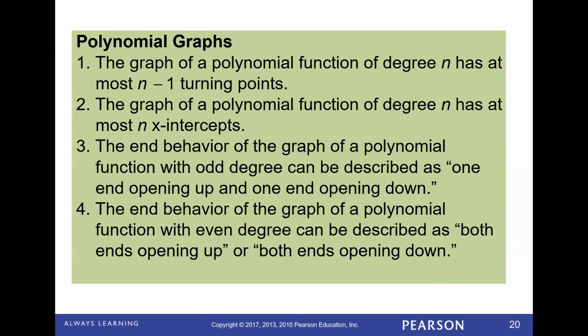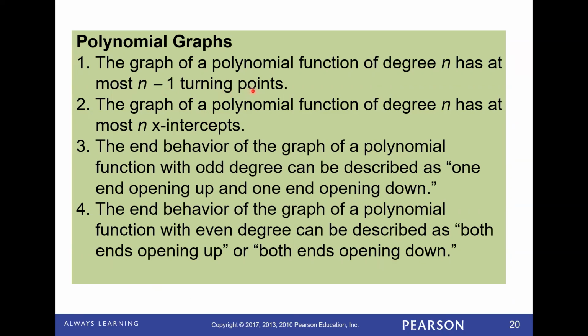Now, also with polynomial functions, there's a lot of things that I can learn about them. A couple of things that I want to make note of: first, the end behavior, that whole both sides up or both sides down. But what I also want to make note of is how many turning points there could be.